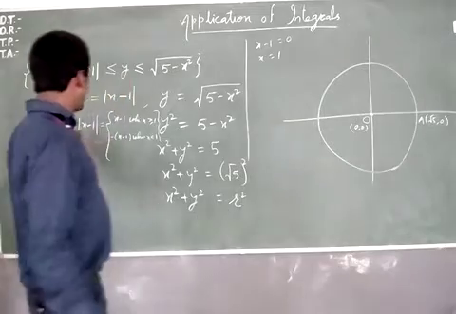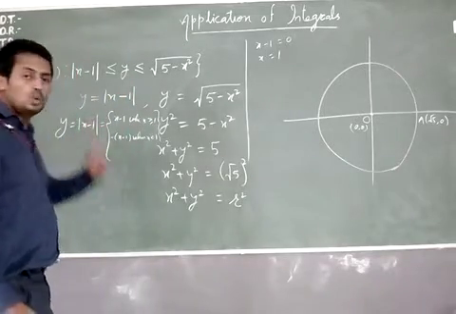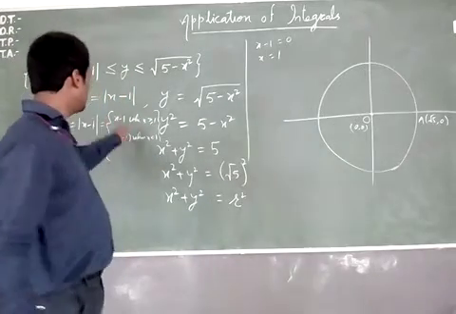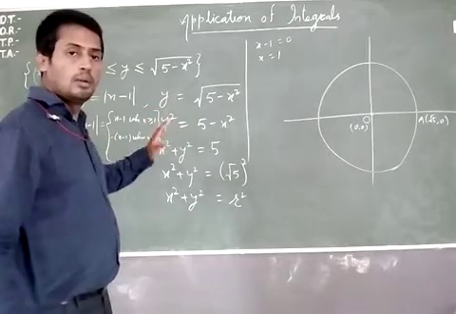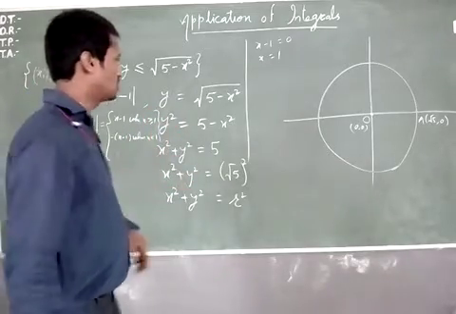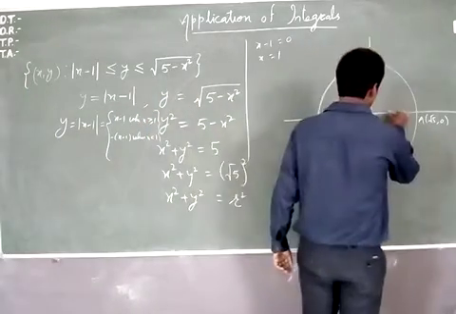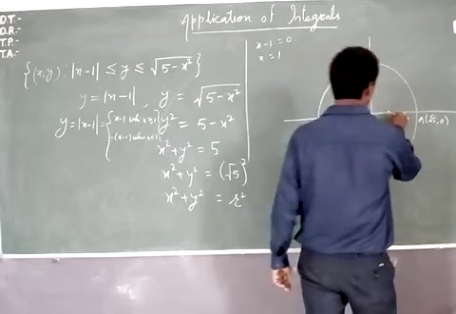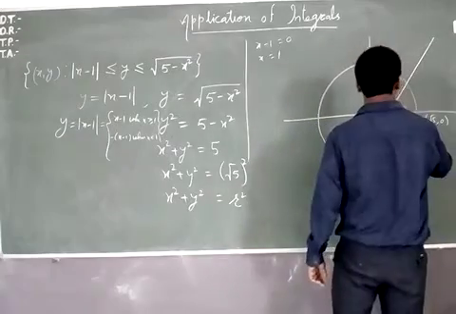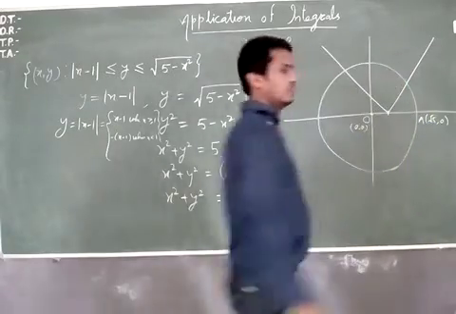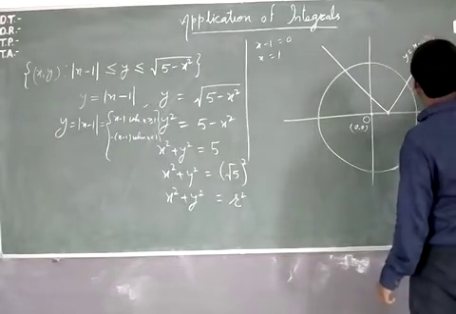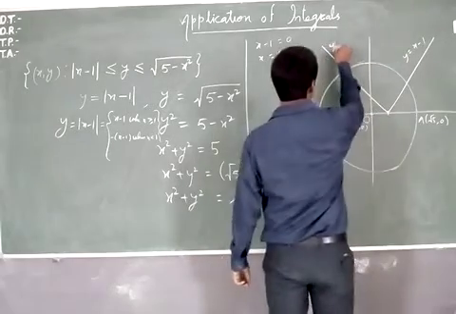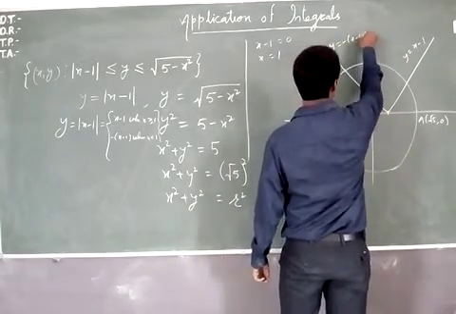We have x equal to 1 and two lines, y equal to x - 1 and y equal to -(x - 1). At the point x equal to 1 we can represent this. This is y equal to x - 1 and this is the equation y equal to -x - 1.